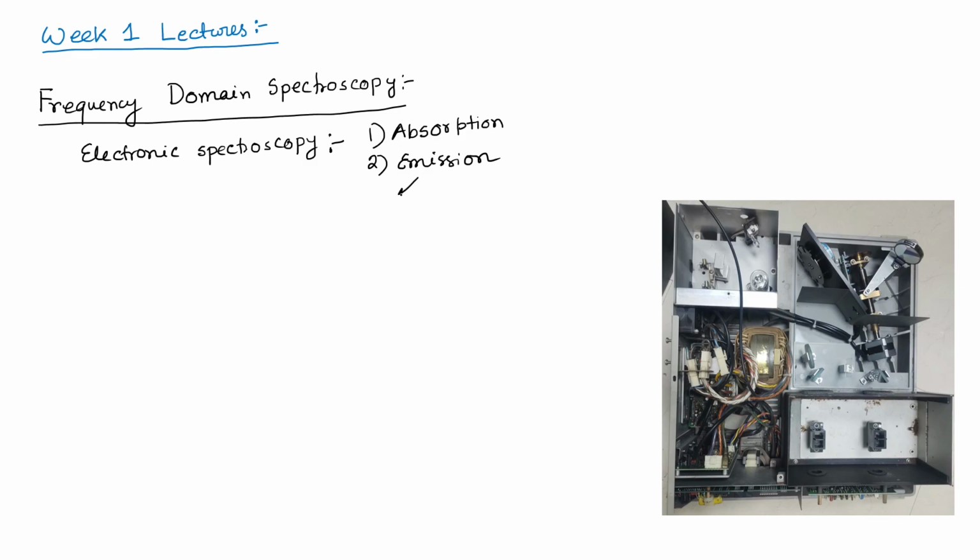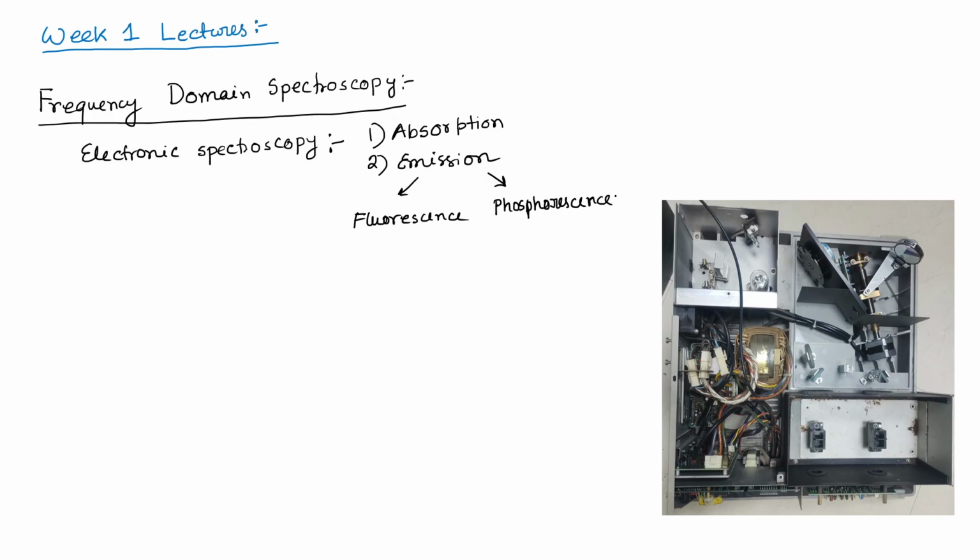Emission can be both fluorescence, a radiative transition between states of the same multiplicity, and phosphorescence. Phosphorescence is the radiative transition between states with different spin multiplicity.